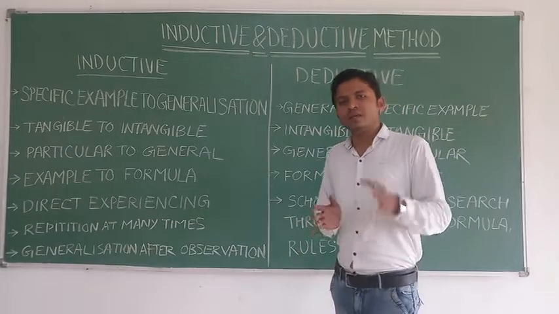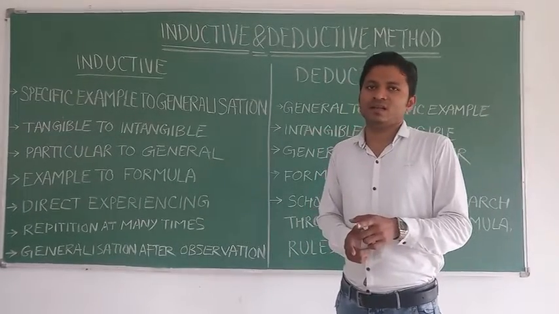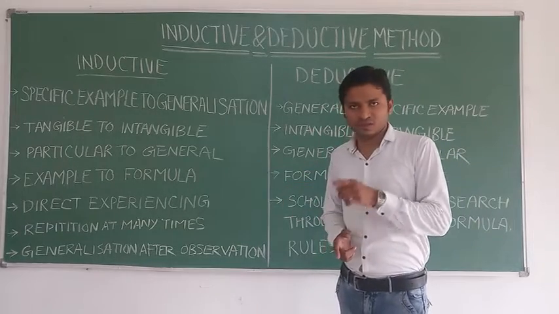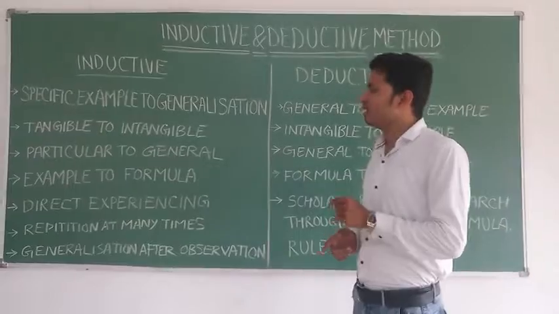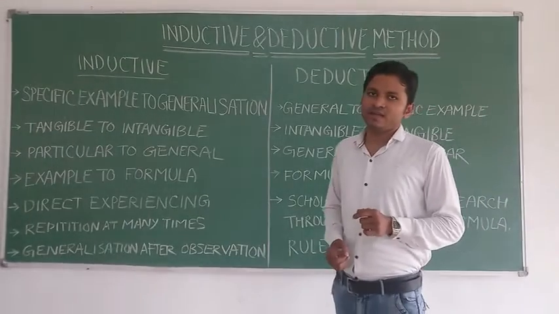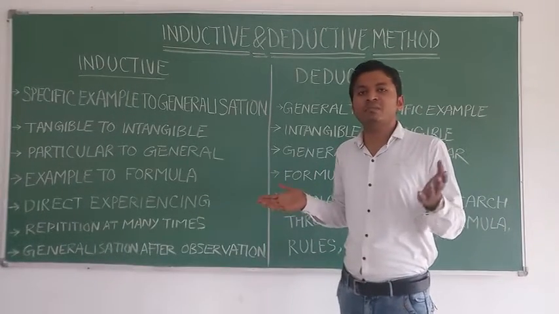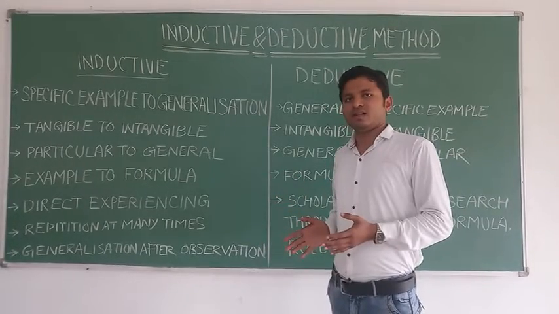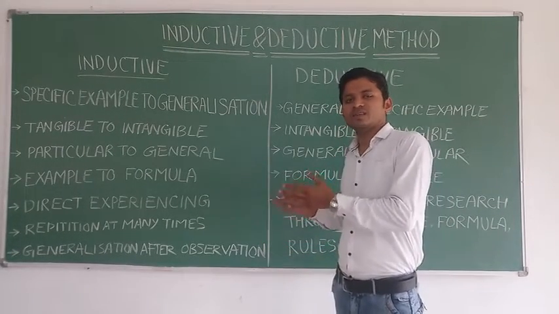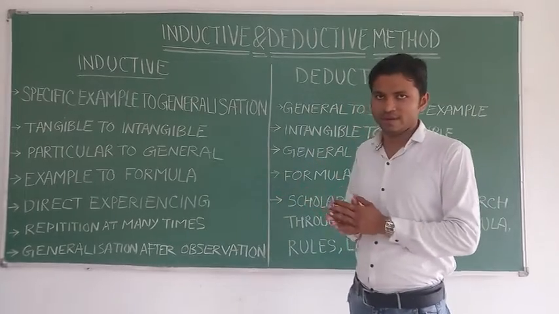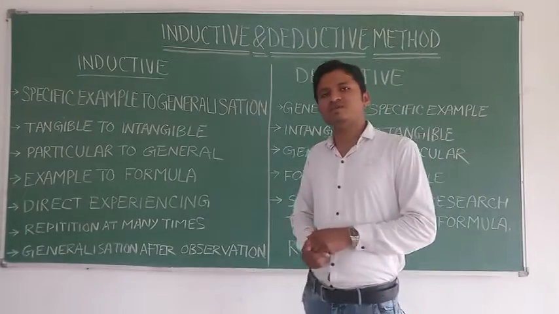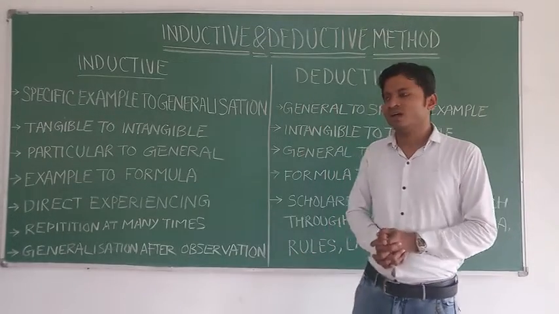He may repeat the same study method with different examples. So in the inductive method, repetition at many levels and many times is possible in our research. Okay. The next is generalization after observation.